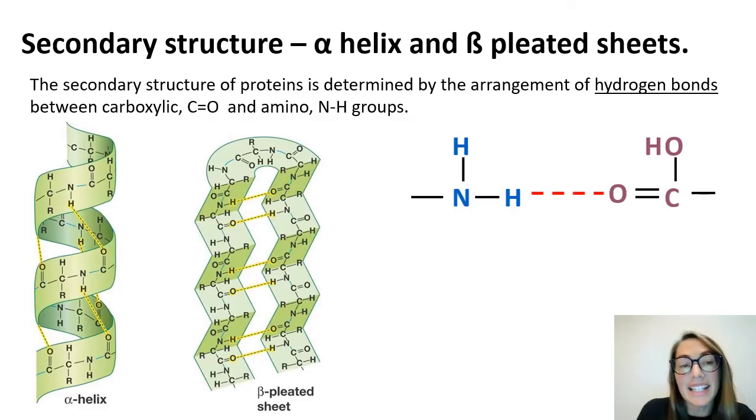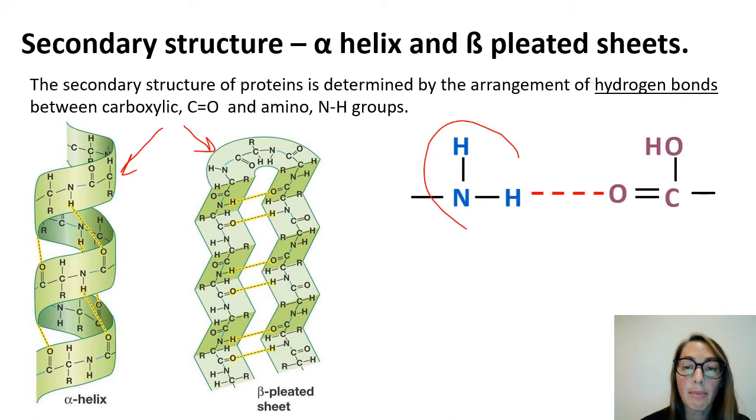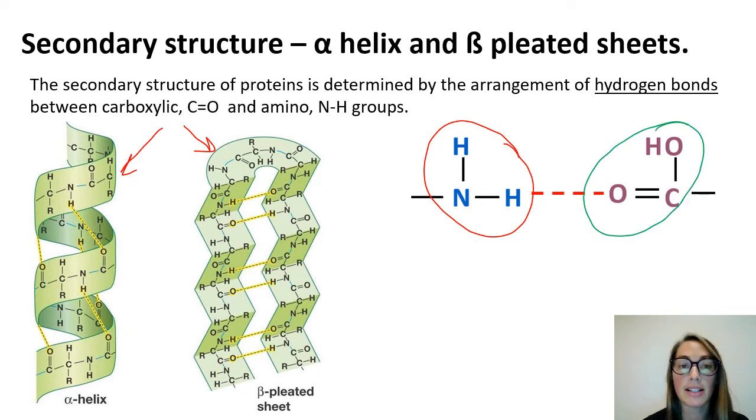So let's elaborate a little bit on the secondary structures. Here on the left, you can see we've got an alpha helix, and just next to it, we've got a beta pleated sheet. These structures are held together by hydrogen bonds, and the hydrogen bonds form between the amine group on one amino acid and the carboxyl group on another amino acid.